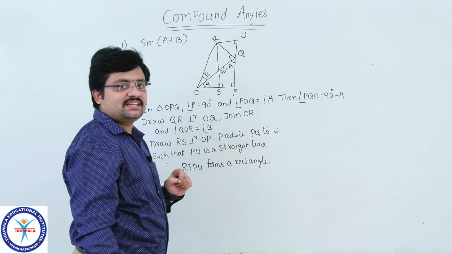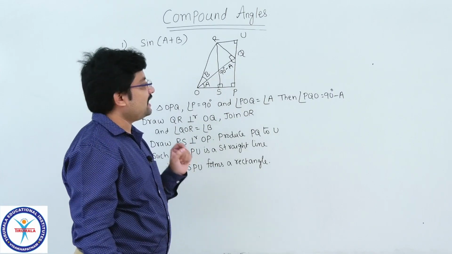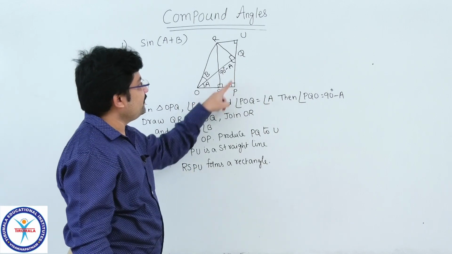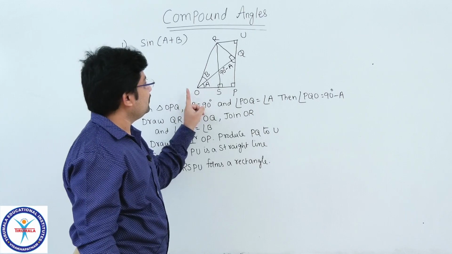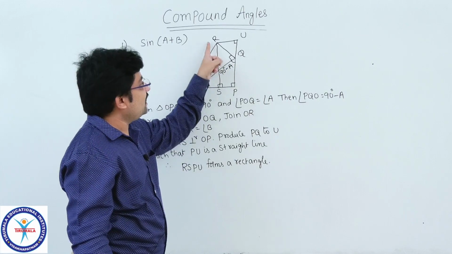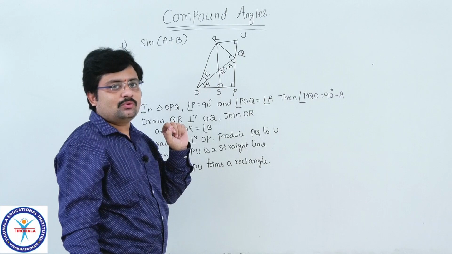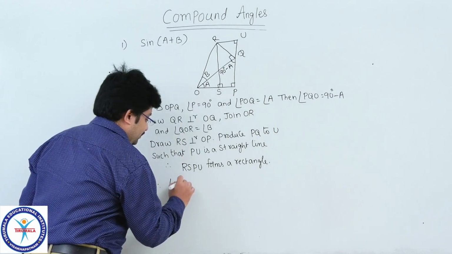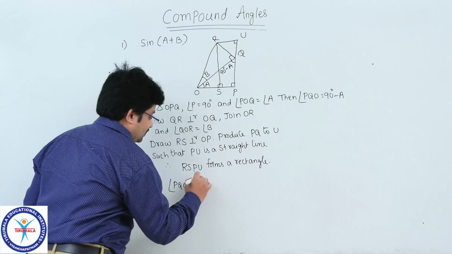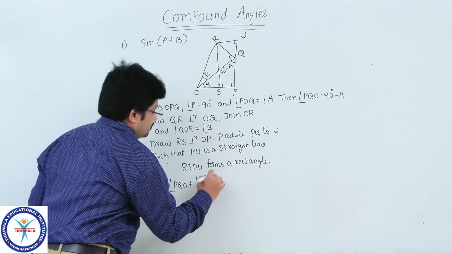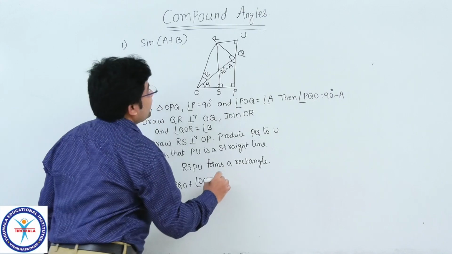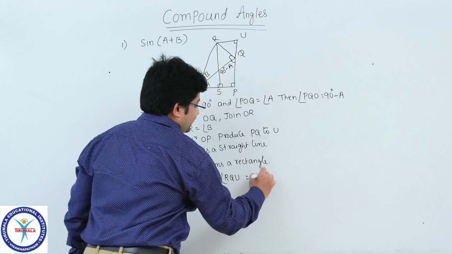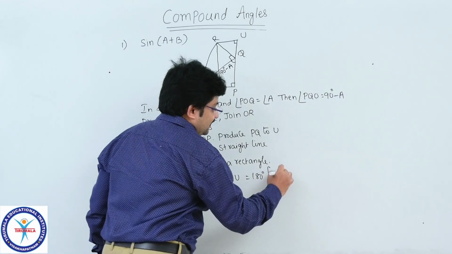Here PU is a straight line and we know that the angle in a straight line is 180 degrees. So here angle PQO plus angle OQR plus angle RQU is equal to 180 degrees, because it is an angle in a straight line.